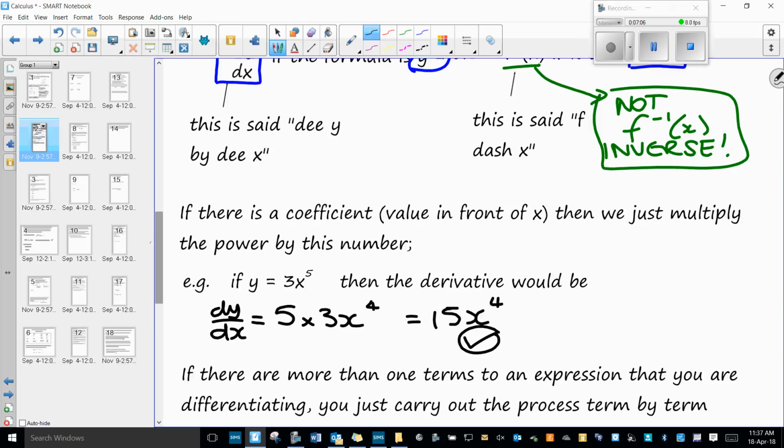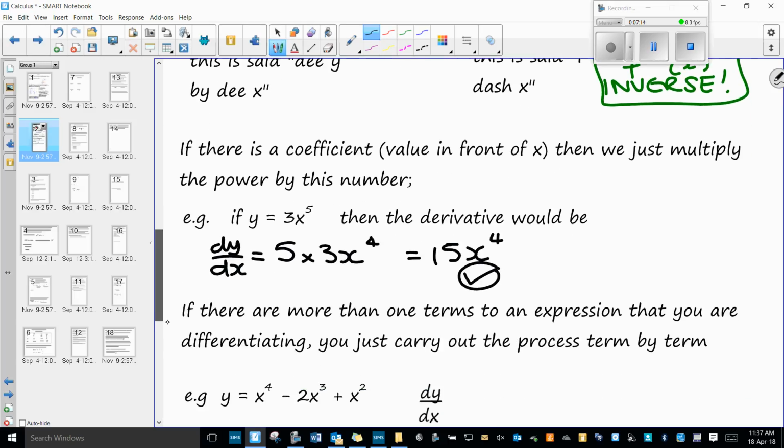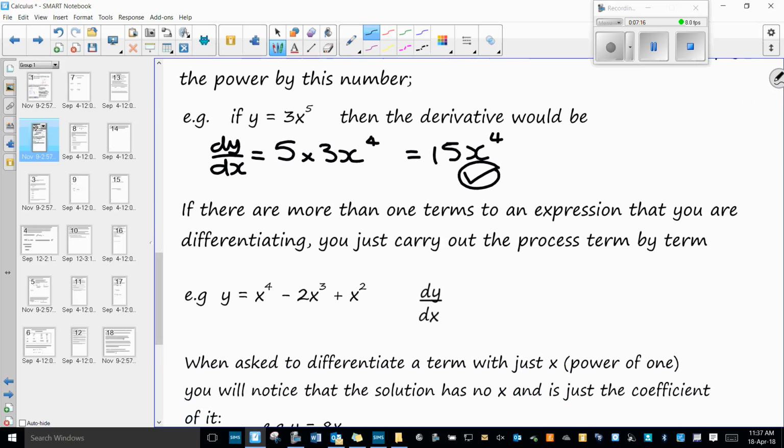In a similar way to the fact that sometimes there's a coefficient, very rarely will there just be one term. Most of the time we will have several terms in an expression. So we would just differentiate one by one. So this was y equals, so we're showing our derivative is dy dx. So Cameron, what would my first term be? 4x. Lovely.